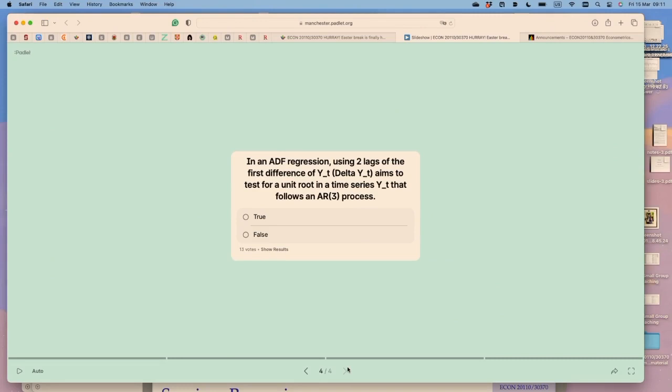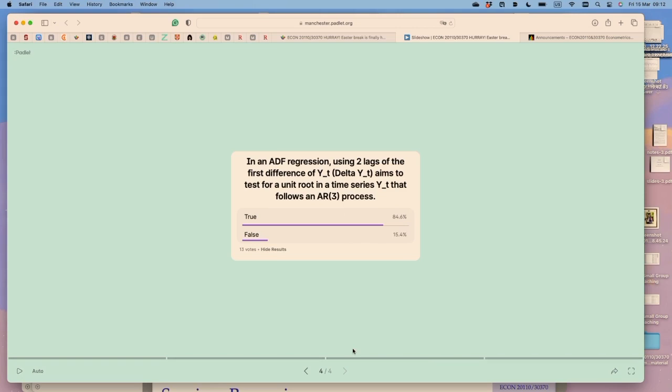The very final one relates back to our ADF test for unit roots. Here it says that in an ADF regression, including 2 lags of the first difference of yt, that is delta yt, on the right-hand side aims to test for a unit root in a time series yt that follows an AR3. Do you think this is correct or wrong?